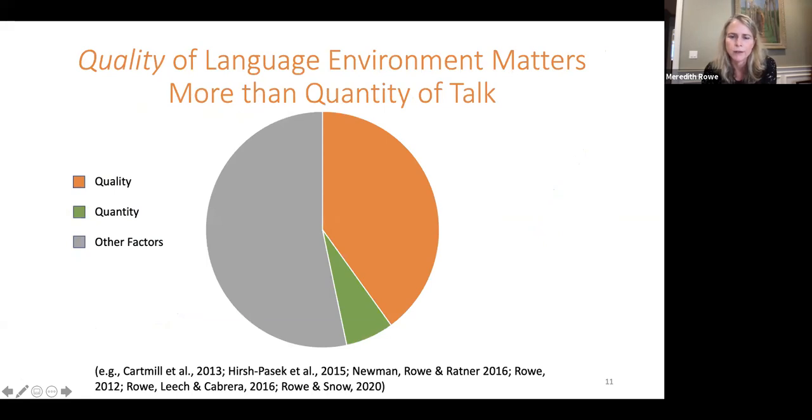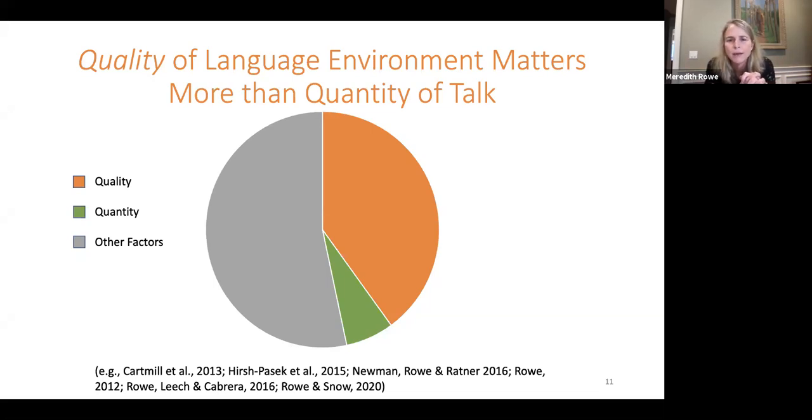So where the field has been turning for the last 10 years or so is an understanding that it isn't so much the amount of language that children hear that matters most, but instead the qualities or features of that language. You could imagine that this pie chart represents the amount of variation in all those kindergartners' vocabularies when they get to school.